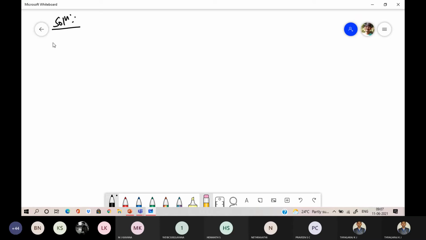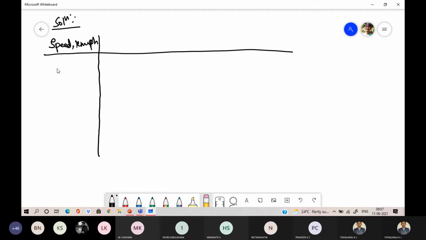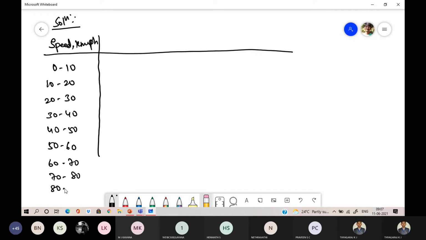They have given the speed range in kmph, the first column: 0 to 10, 10 to 20, 20 to 30, 30 to 40, 40 to 50, 50 to 60, 60 to 70, 70 to 80, 80 to 90.